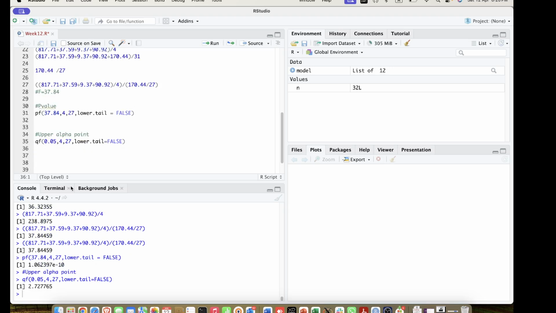So the critical point is 2.72, and F observed is 37.84, which is greater than the critical point, hence we reject H0, which means the model is significant.